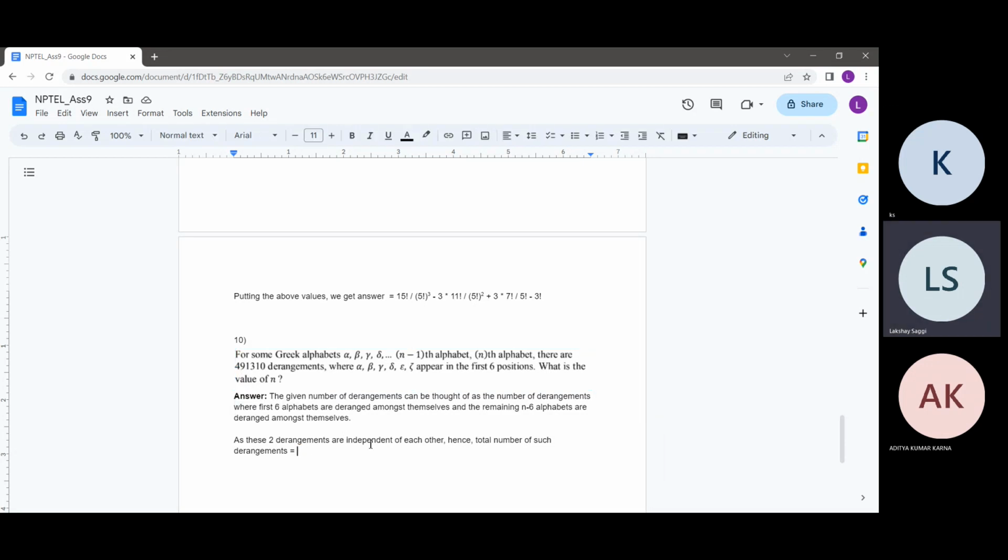The total number of such possible derangements is the number of derangements between the first six alphabets times the number of derangements between the last n minus 6 alphabets.